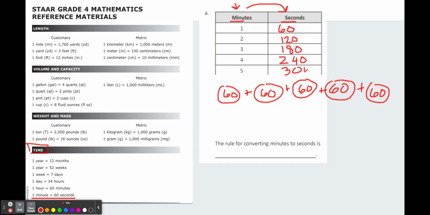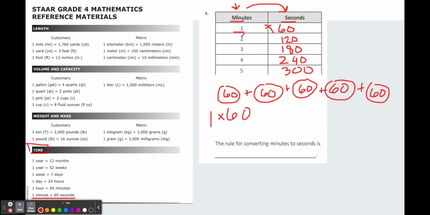Now let's go ahead and look at what is the rule for converting minutes to seconds. So I added 60 each time for each minute. However, I'm adding 60 all the time. So that is repeated addition, which is multiplication. So I notice if I take my minutes and I multiply it by 60, that'll give me the number of seconds. If I have 1 minute and I multiply it by 60, that'll give me 60.